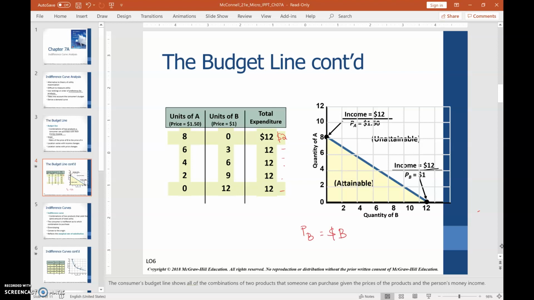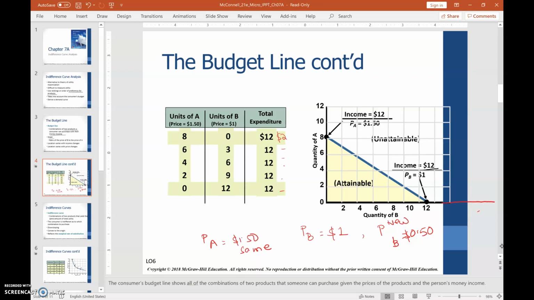Say the price of B is going to go down from $1 to 50 cents. The price of A is staying the same, which is $1.50. This is staying the same.